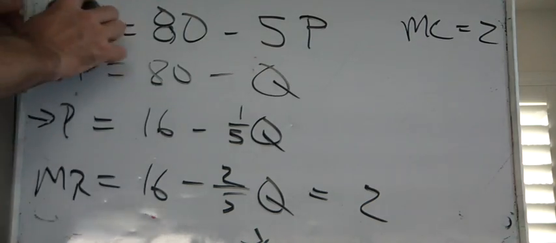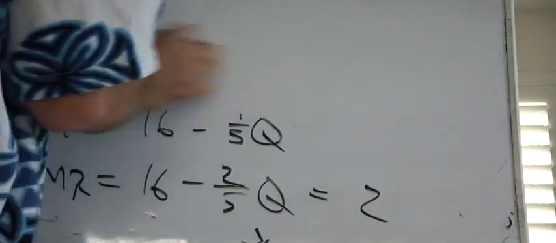It's actually pretty easy, but you have to do one little thing. Let me do it in generic terms first. Price equals A minus BQ.